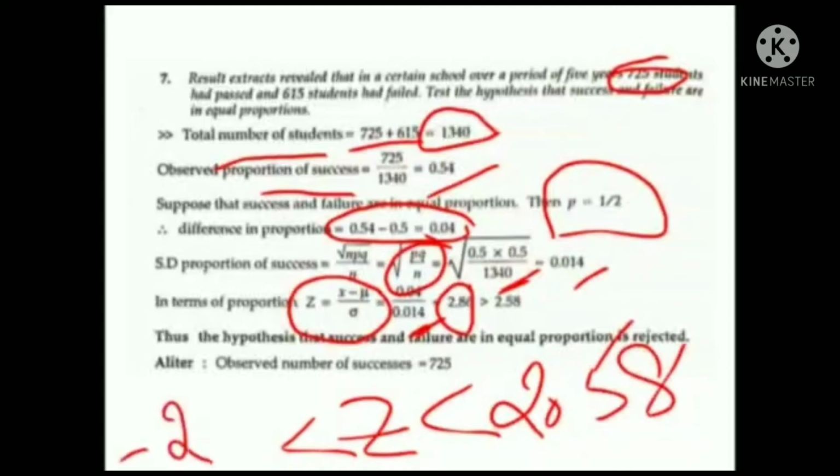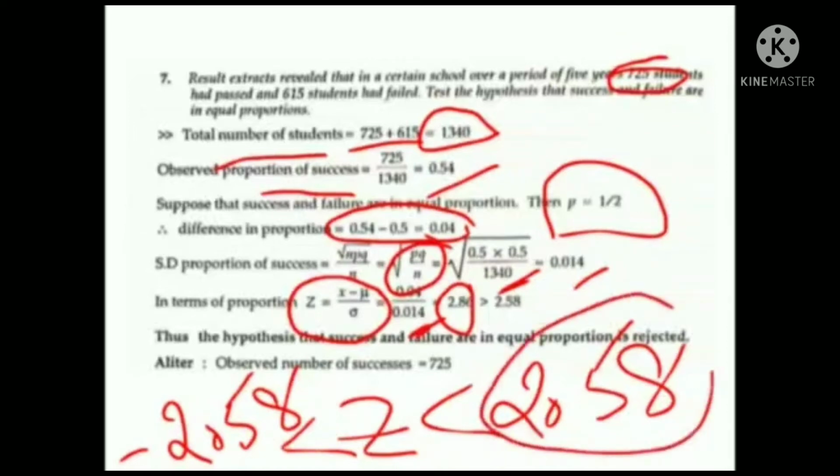So nobody will give you these values in the question. You got to remember them by heart. Understood? For every test you got to remember these standard critical values, so then only you can easily do it. Understood? So the obtained value is 2.86, which is greater than the required range, that is, it is beyond 2.58.